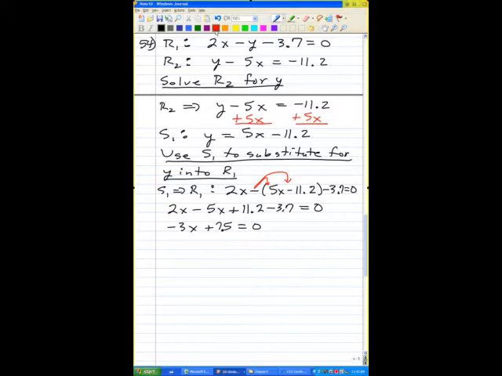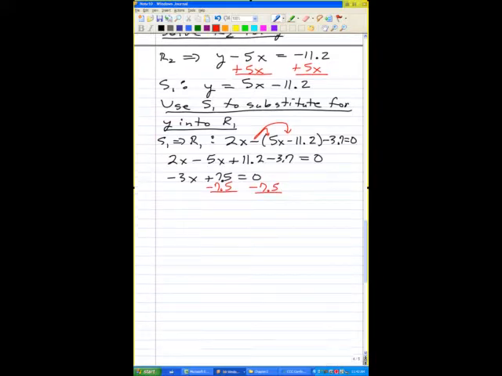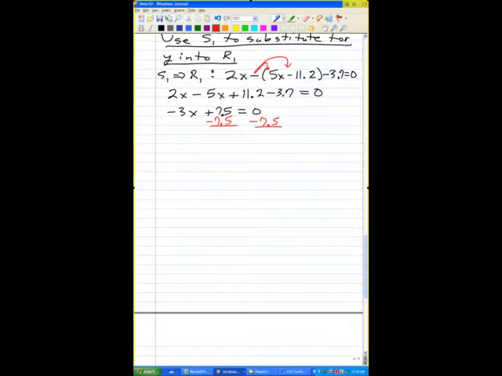Let me subtract 7.5 from both sides of my equation. So I get negative 3x equals negative 7.5. Let me divide both sides of my equation by negative 3. So x is equal to negative divided by negative is positive. 7.5 divided by 3 is 2.5. Maybe I'll call that S2.